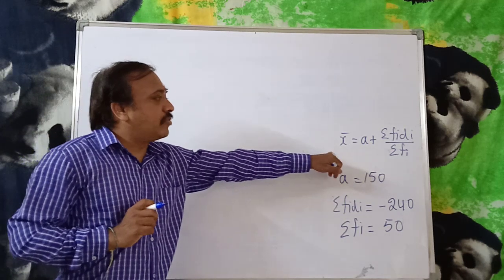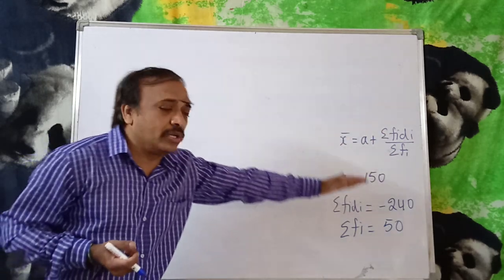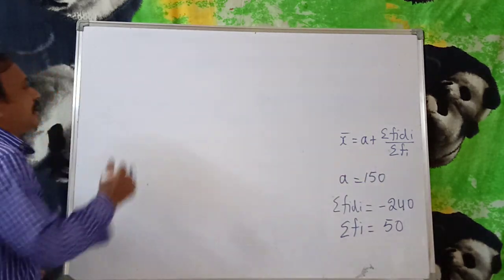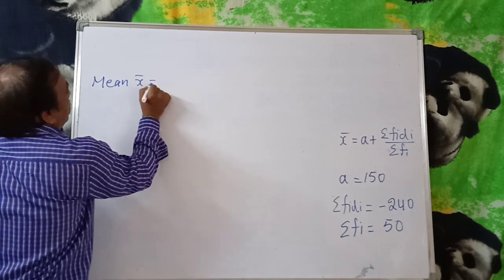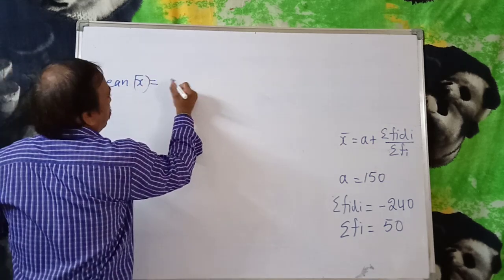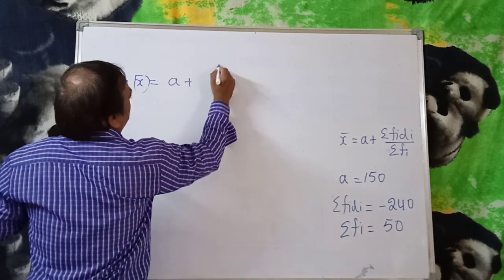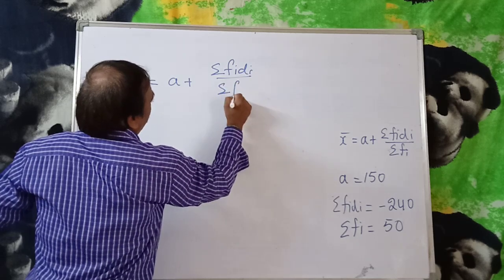Now x bar is equal to a plus sigma Fi di by sigma Fi. We obtained all the values required to substitute in this formula. So mean x bar is equal to, once again we write the formula, a plus sigma Fi di by sigma Fi.